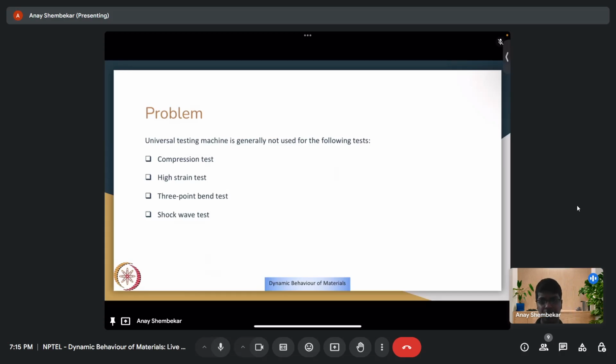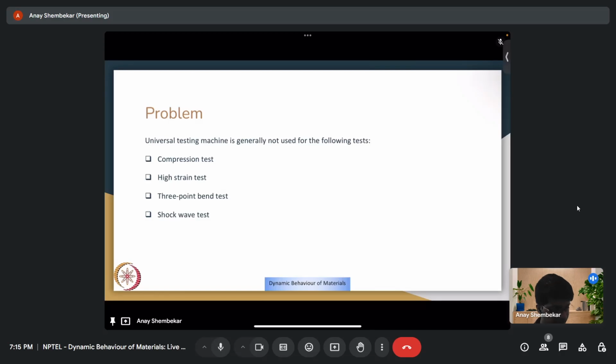How many of you are aware of the universal testing machine? Because this is usually a graduate level course, I assume some of you would have at least heard of or used it. It is used primarily for quasi-static loading.